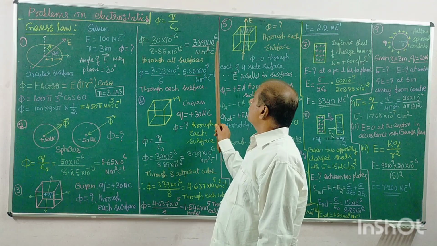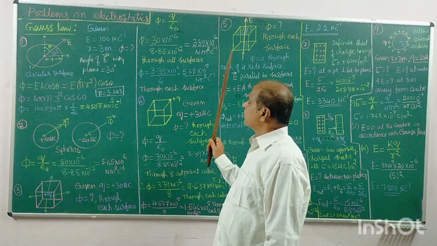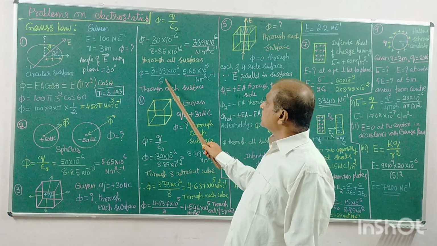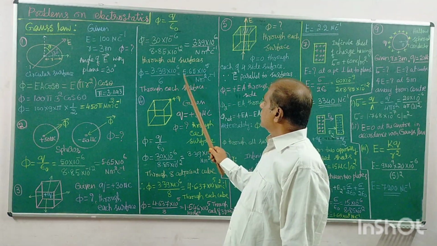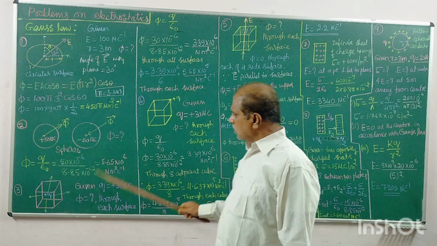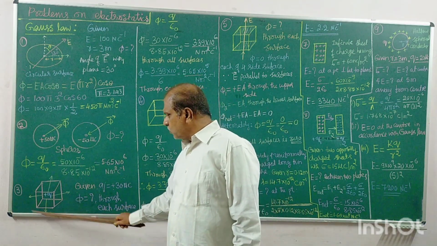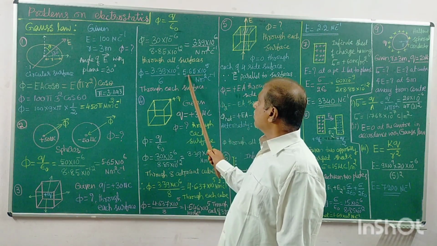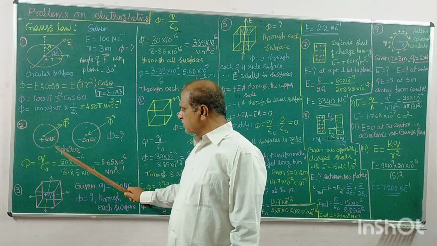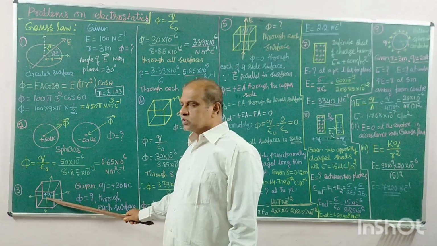This symmetry is there again. All sides are the same. Divide by 6. That gives this value. It is the electric flux through each surface of the cube. Magnitude of flux passing through this is also in the outward direction because it carries plus Q inside.